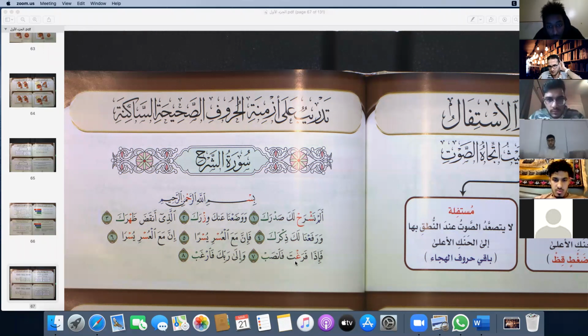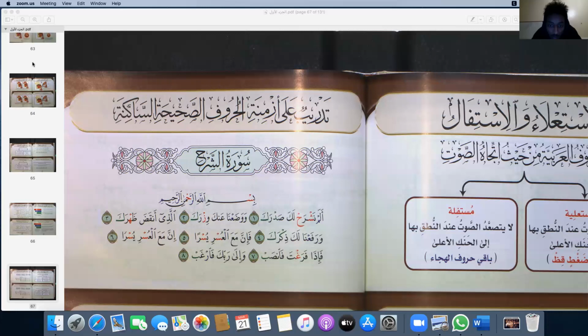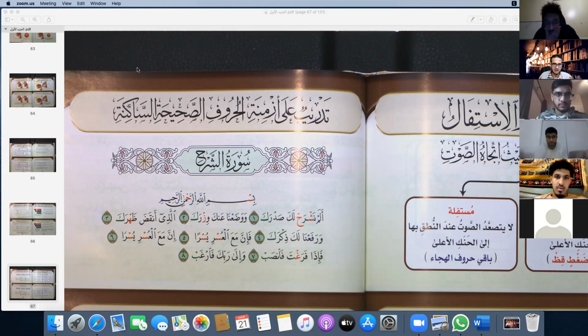Look at this red letter here. فإذا فرغت فانصب. وإلى ربك فارغب. Give the ghayn more time. فارغب. Very good. Okay. Now who is the next brother here?